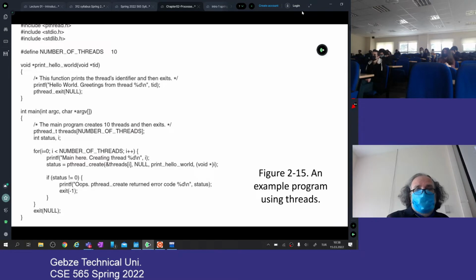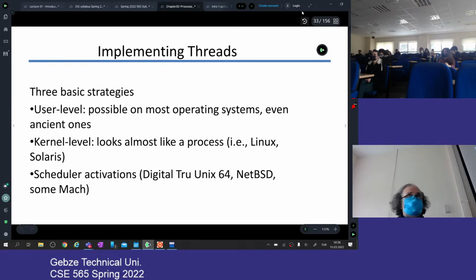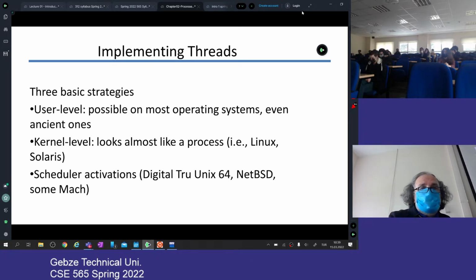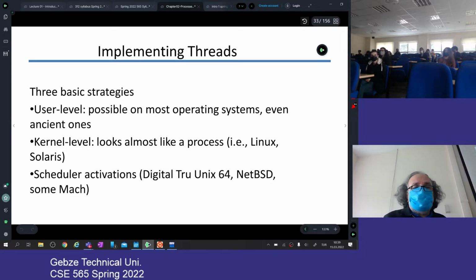Okay, so let's look at this. If there are no other questions, let's look at the implementation of the threads. There are basically three ways of implementing your threads. The first one is the user level one, the earliest thread implementation method. They implemented threads in the 1980s like this.